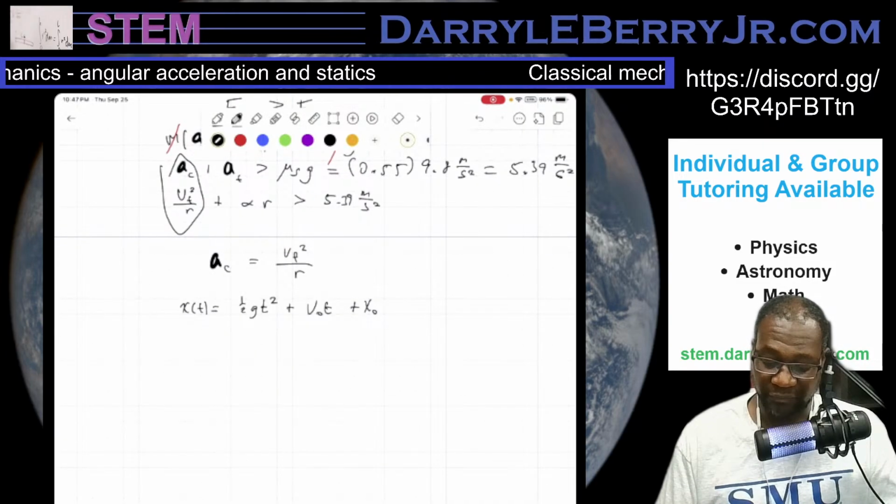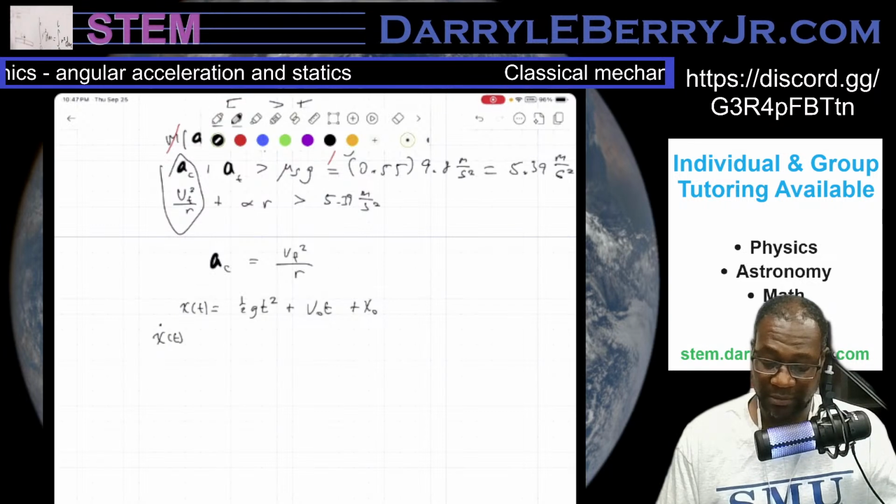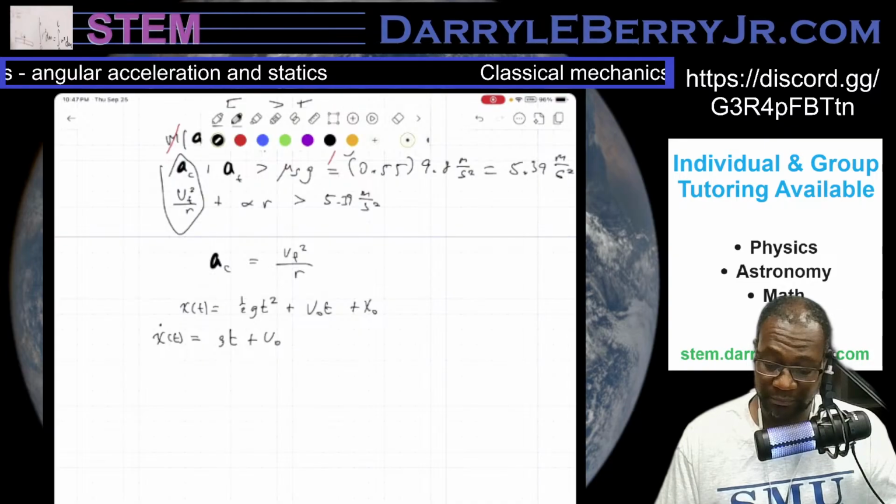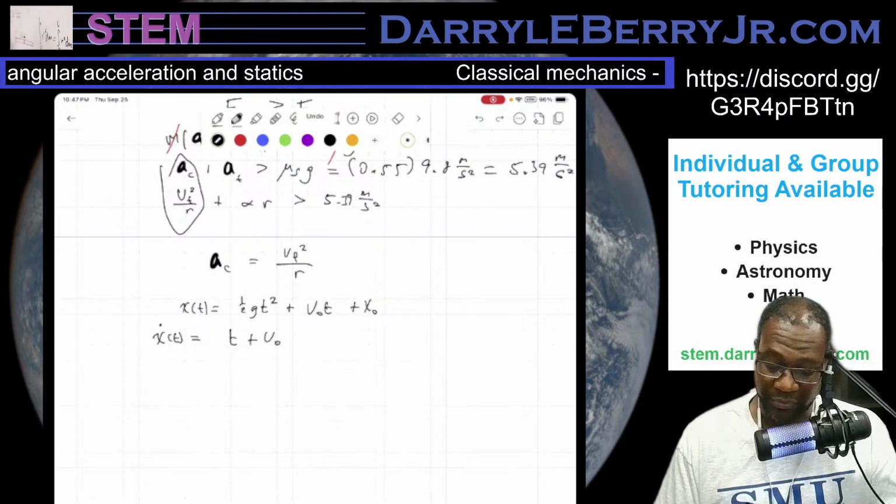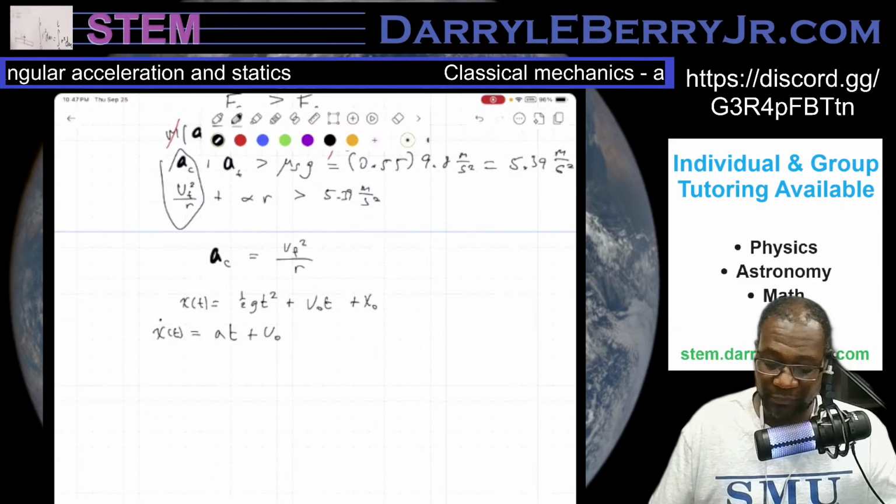If I take the derivative of that, we have x dot(t) equals a t plus v naught.